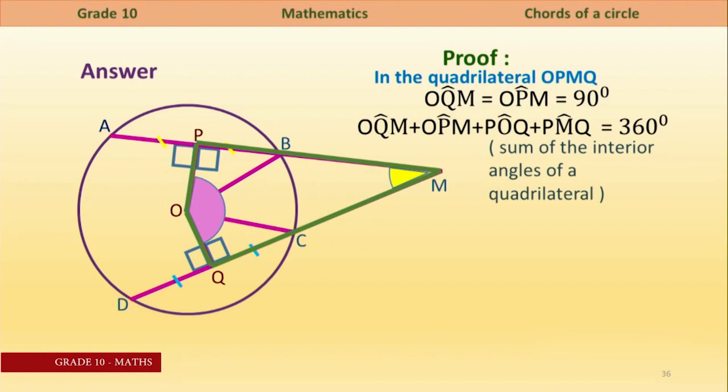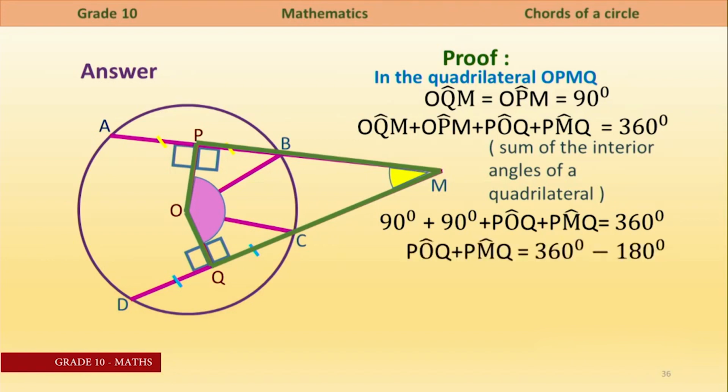OQM is 90 degrees, which we found early, and OPM is also 90 degrees. POQ and PMQ we don't know. The sum of all 4 angles equals 360, so the sum of POQ and PMQ equals 180. So we have proven the given thing.